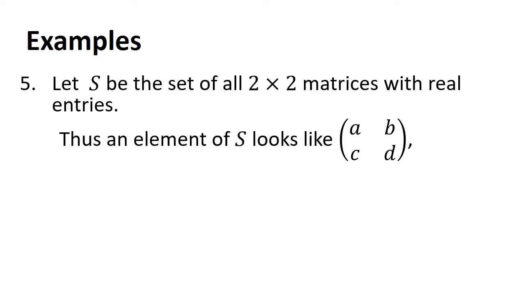And it says here, let S be the set of all 2 by 2 matrices with real entries. 2 by 2 means there are 2 rows and 2 columns. Thus, an element of S looks like this: A, B, C, D. Sometimes they use a bracket, sometimes a big parenthesis, but it's the same.